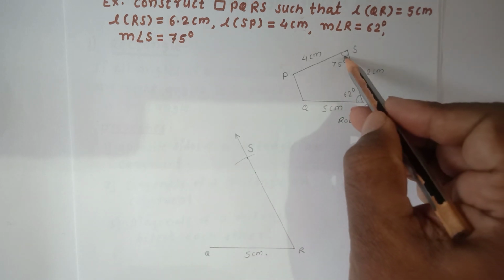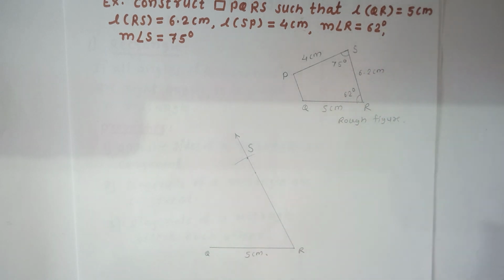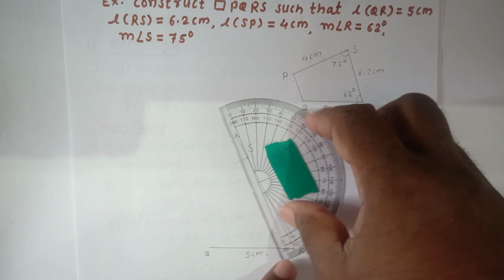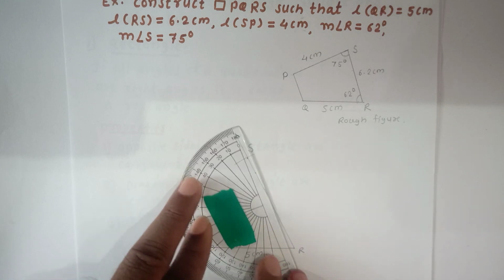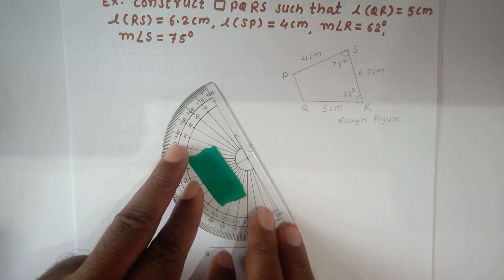Now this angle is 75 degree. So by using protractor, draw the angle 75 degree.